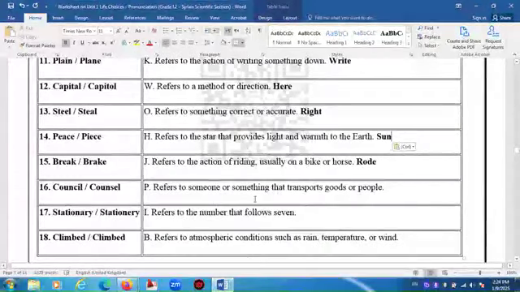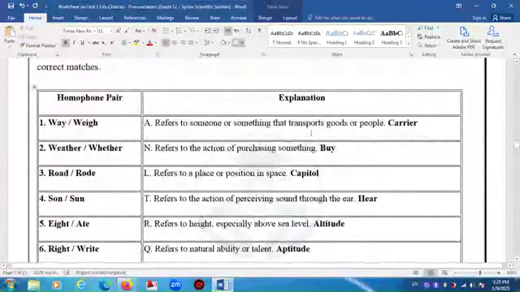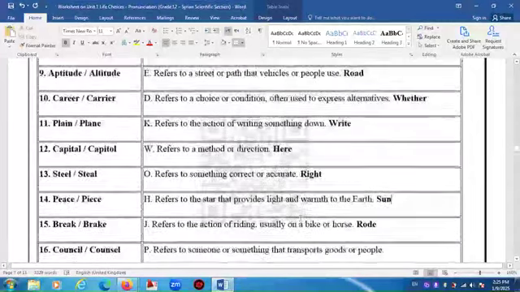Refers to someone or something that transport goods or people. That's carrier, right? I repeated it again. Okay, so it's the same.